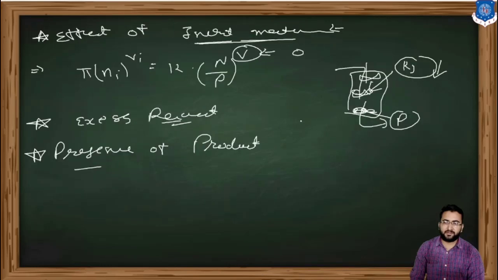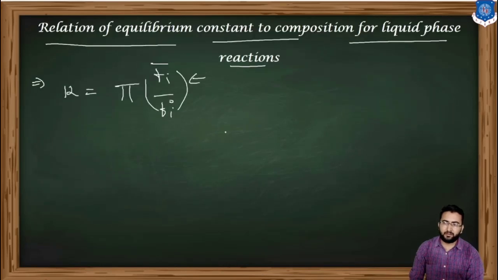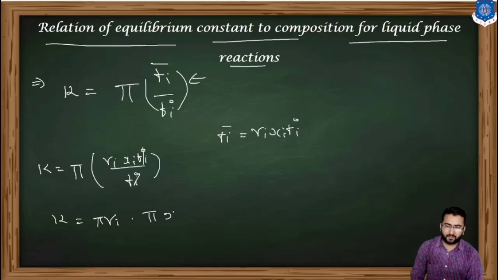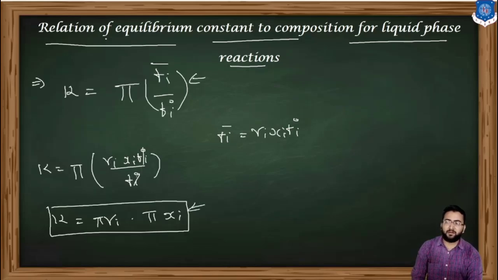Putting in this value, it becomes gamma I Xi Fi naught upon Fi naught. So the Fi naught cancels, and K is equal to pi of gamma I into pi of Xi. This is the equation for the relation of the equilibrium constant to composition for a liquid phase reaction.